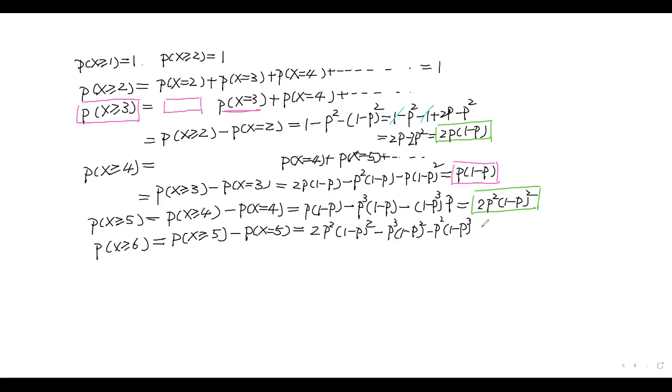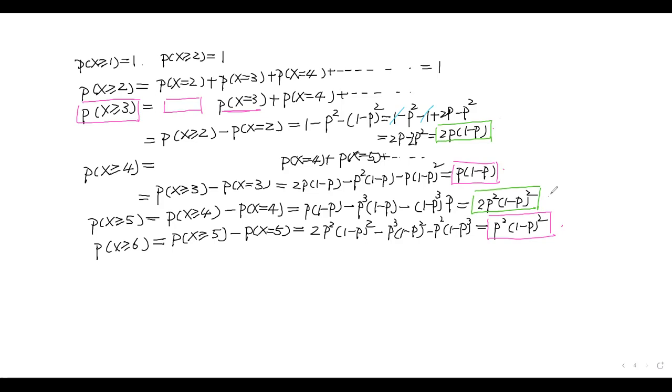All right, so simplify and FOIL, and you will get p squared (1 minus p) squared. And you should see the reason why I want to color code it. As you can see, if x is an even number, it's going to be a geometric series like this. If it's an odd number, it's going to be a geometric series like that.